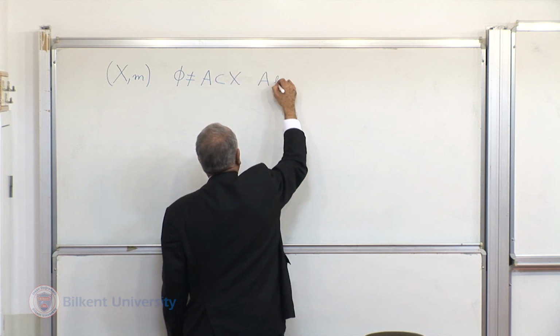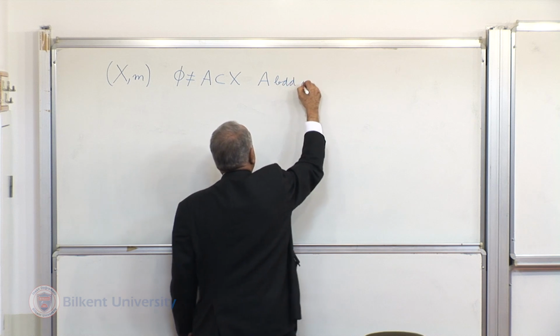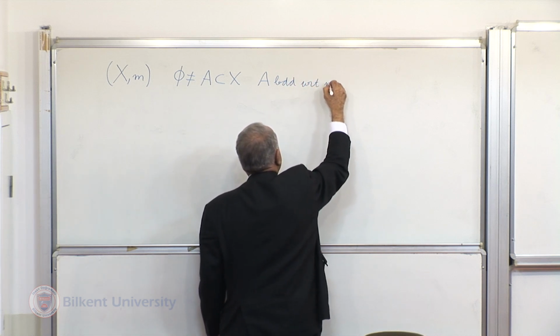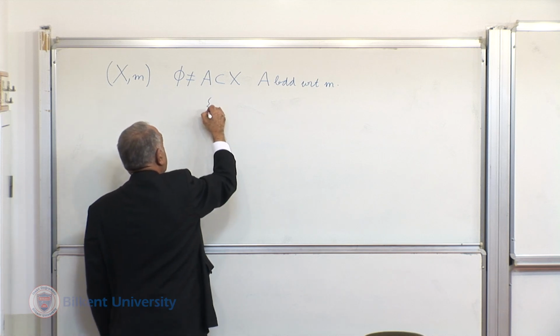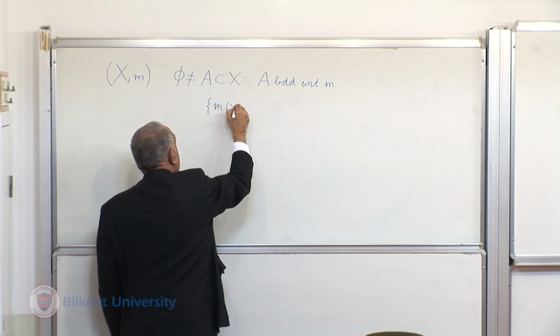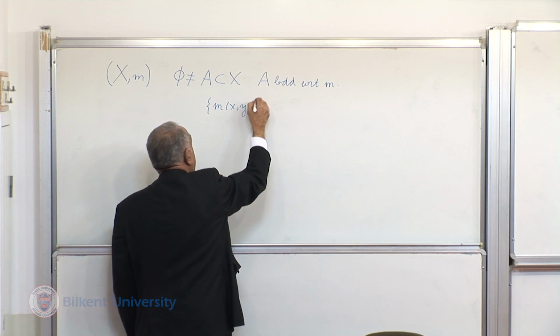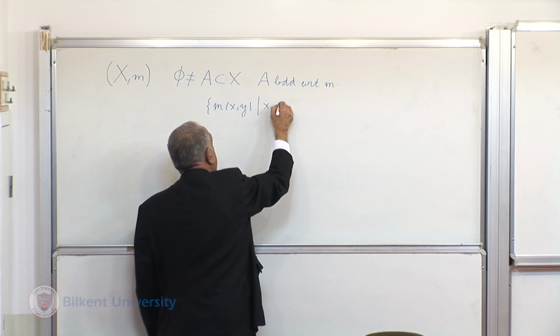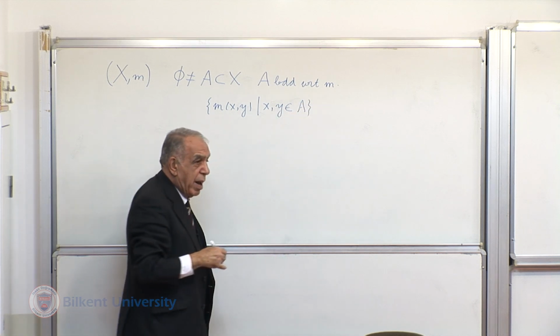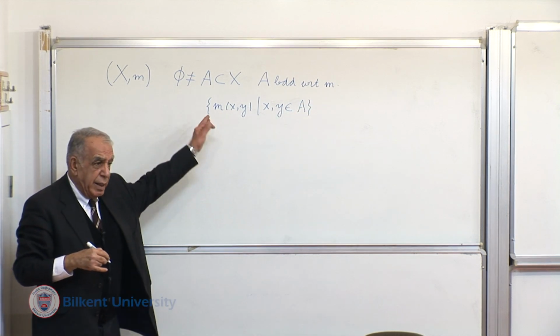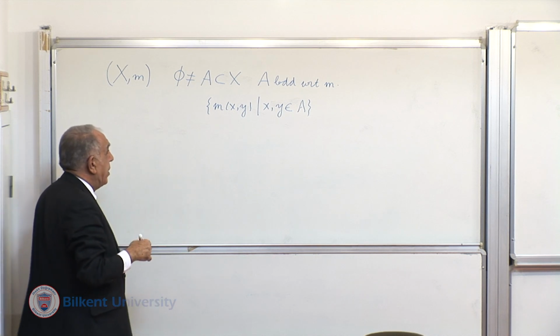A is bounded with respect to M. Then we consider the set M(x,y), x,y in A. So this is the set of all possible distances between any 2 points in A.